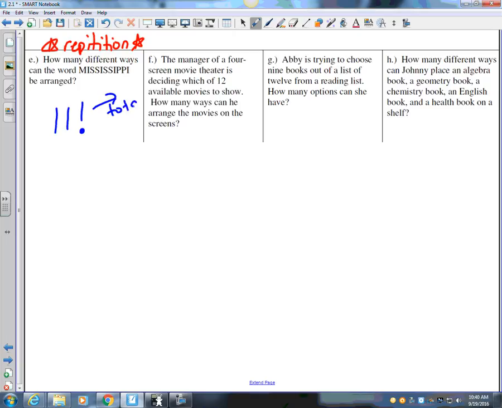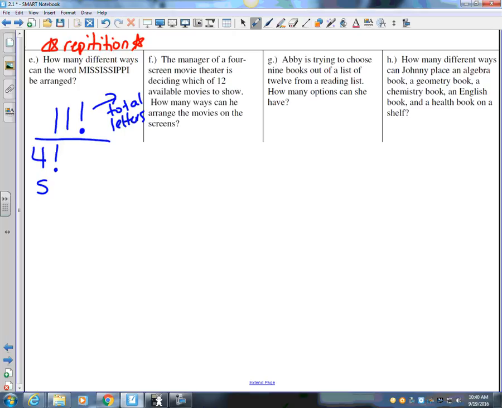So that was for the total letters. Then I'm going to divide it by the letters that repeat. So what's one letter that repeats? S. How many S's are there? 4. So you put 4 exclamation point. That's for the S's that repeat.